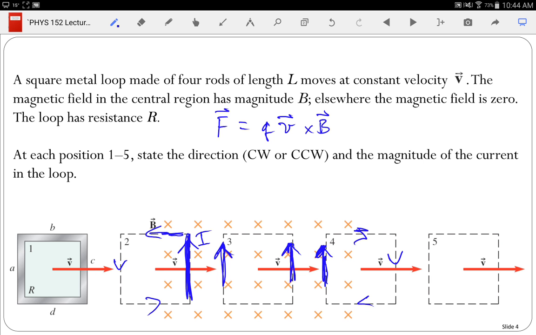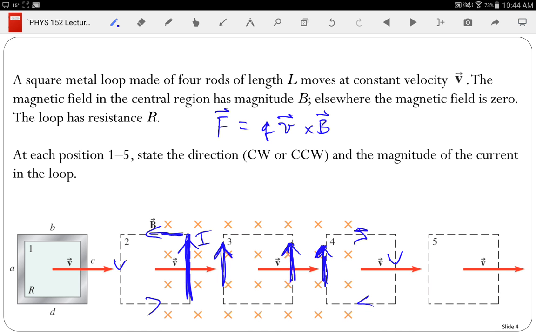Now when I say the number of X's, what is that telling you? Okay, the strength of the field that goes through the loop. And of course the X's were the ones that were going through one direction. If they had been circles with dots, it would have been the other direction. It would have reversed the direction of the magnetic field.